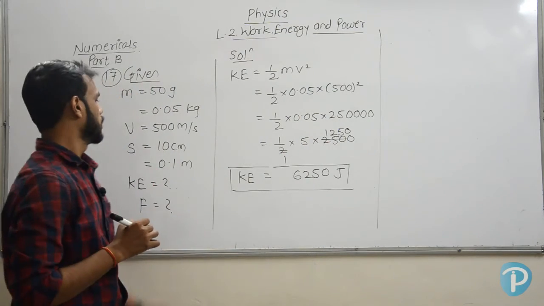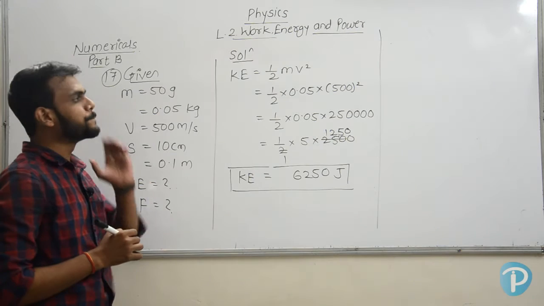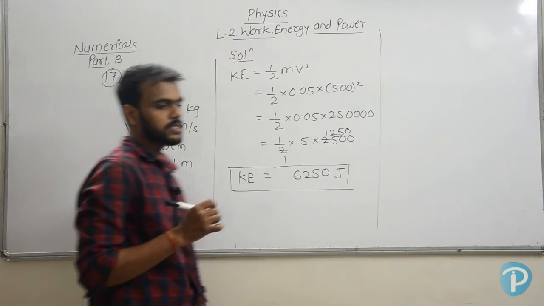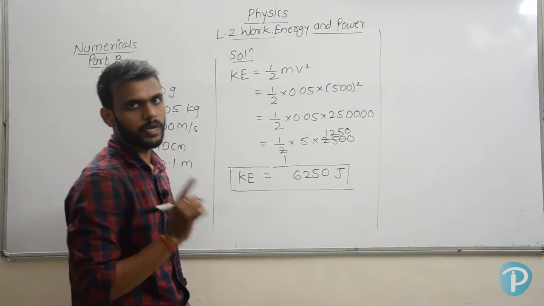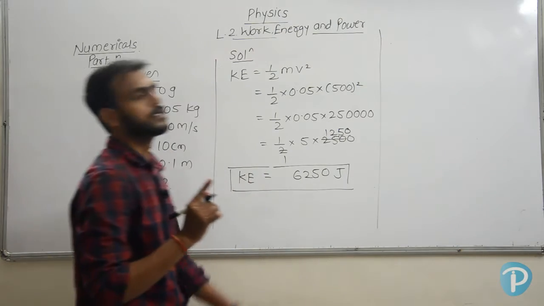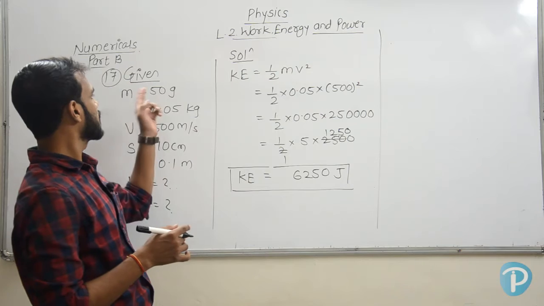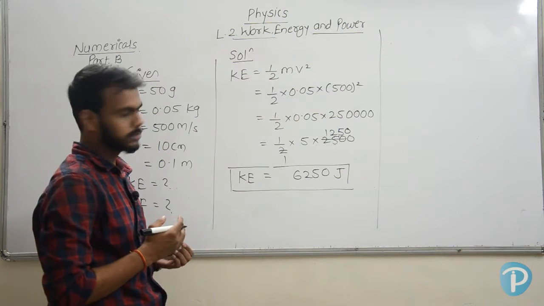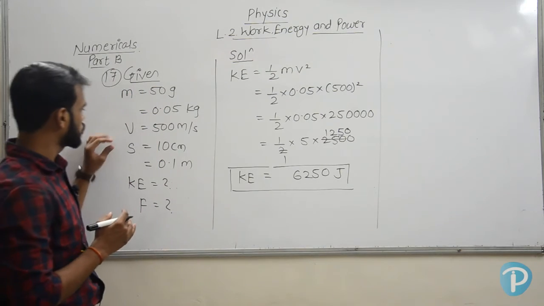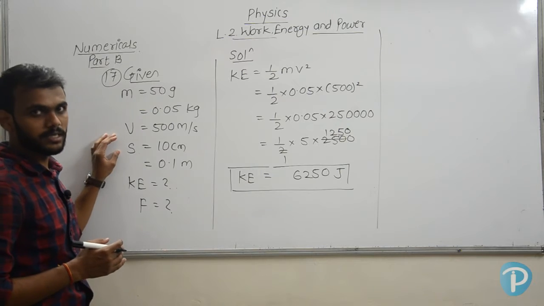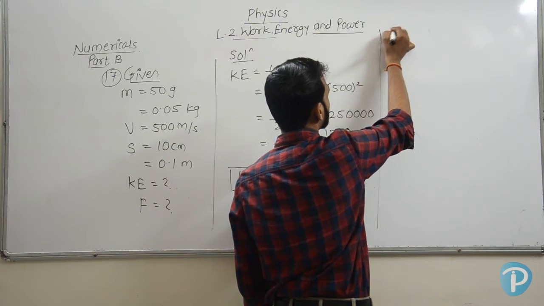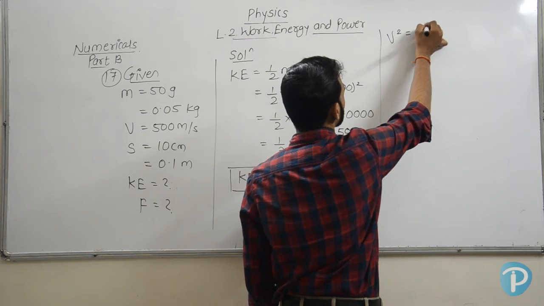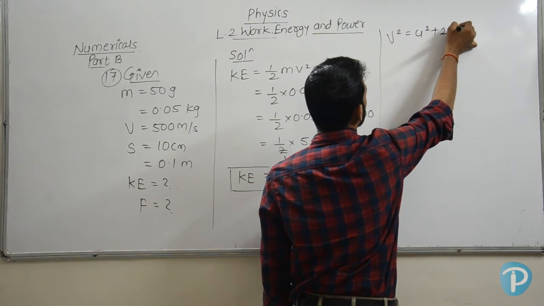Now we have to calculate the force. Force F is equal to ma, mass into acceleration or retardation. Mass we have, but we don't have an acceleration. So from these two values we can calculate its acceleration. How can we calculate it? We have the third kinematic equation, v square is equal to u square plus 2as.